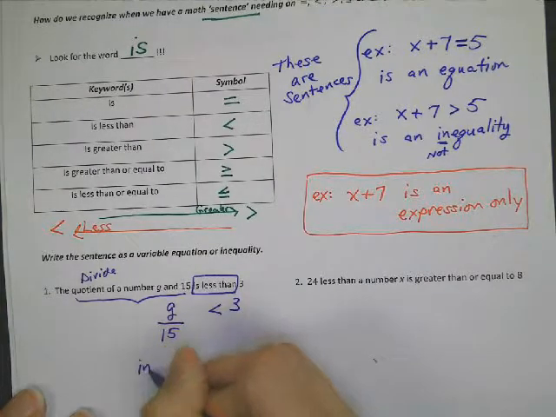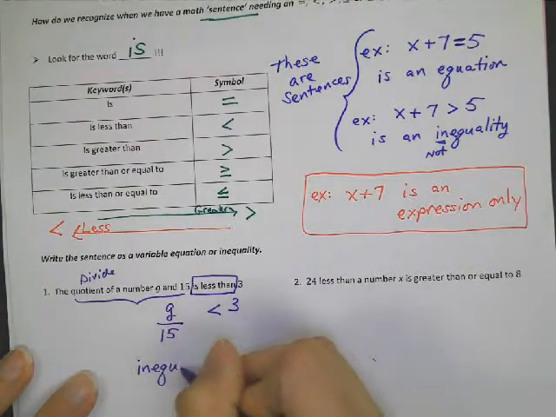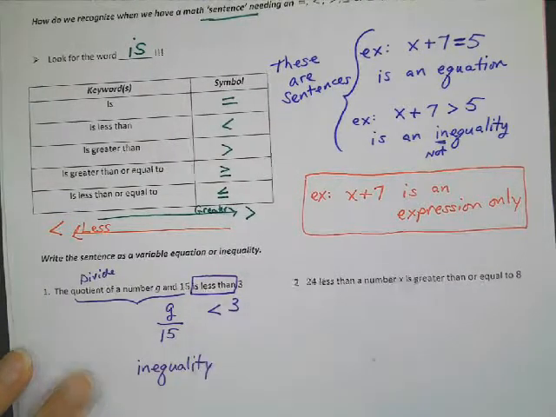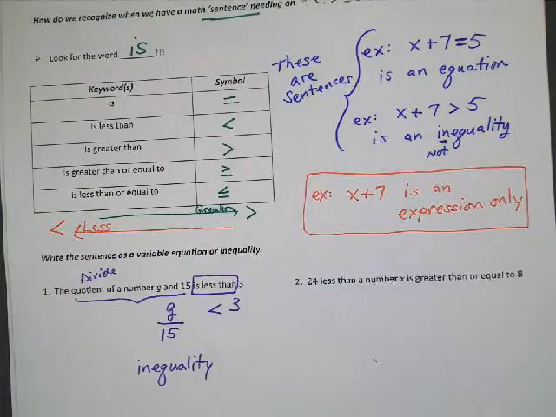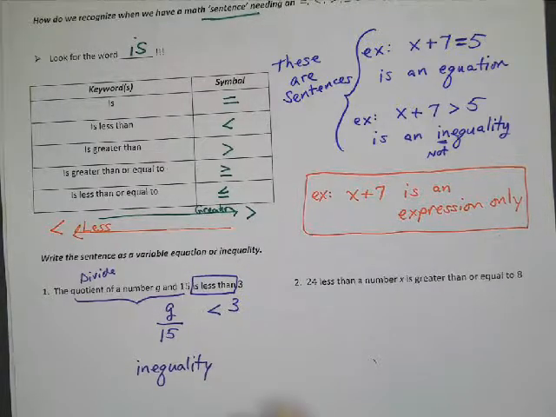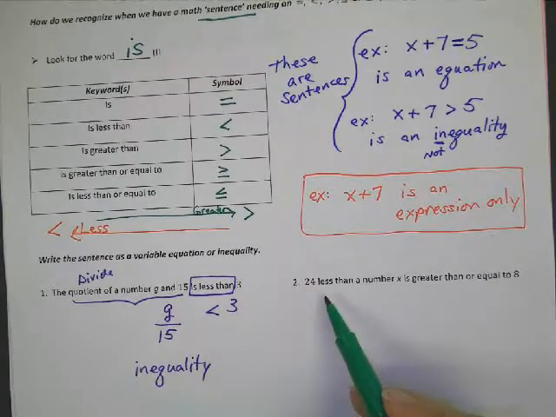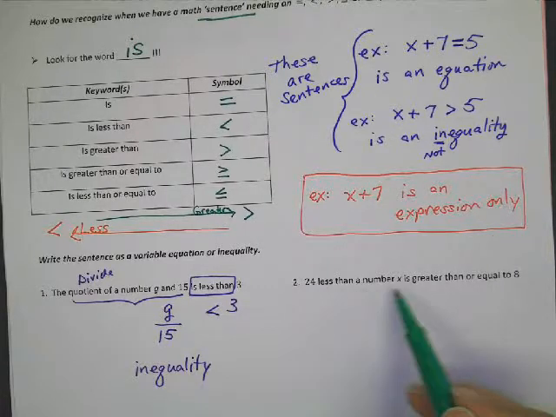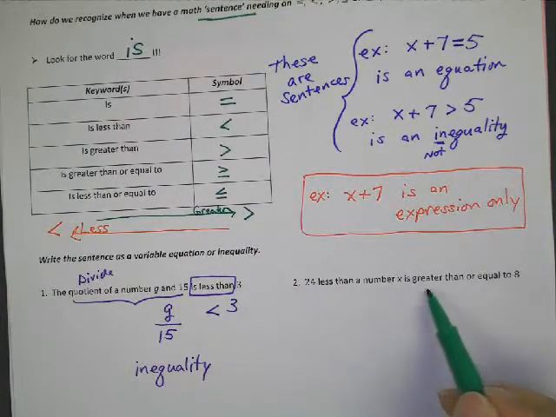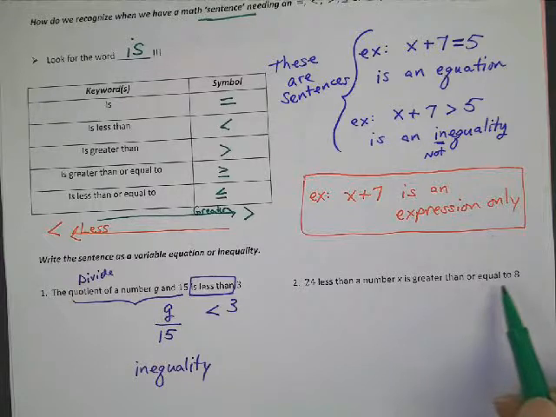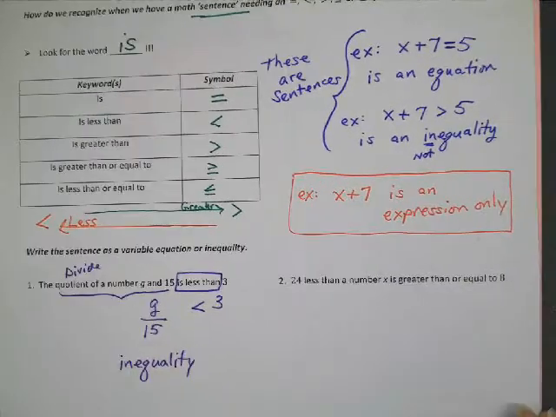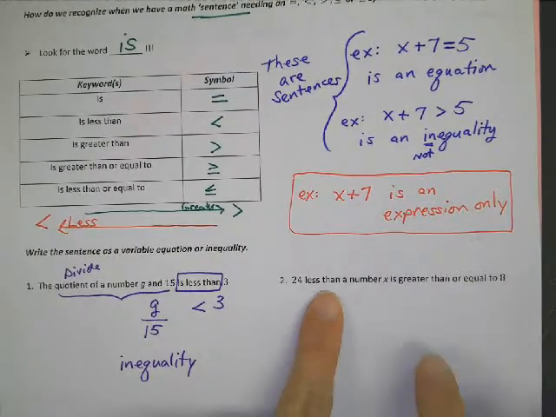All right, let's do number 2. Okay, first I read the sentence. 24 less than a number x is greater than or equal to 8. This one's very tricky because I see less than, I see greater than. Okay, but the first thing you have to do is you have to look for the word is.